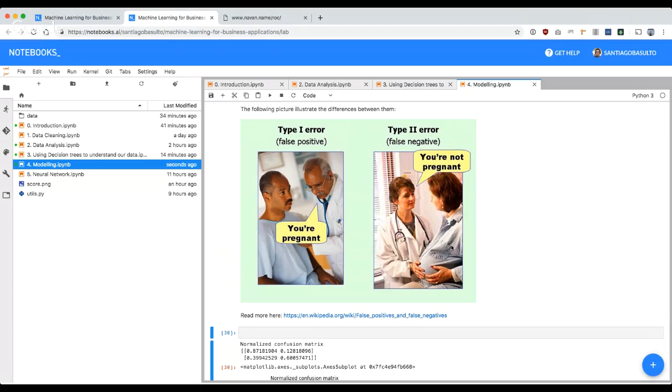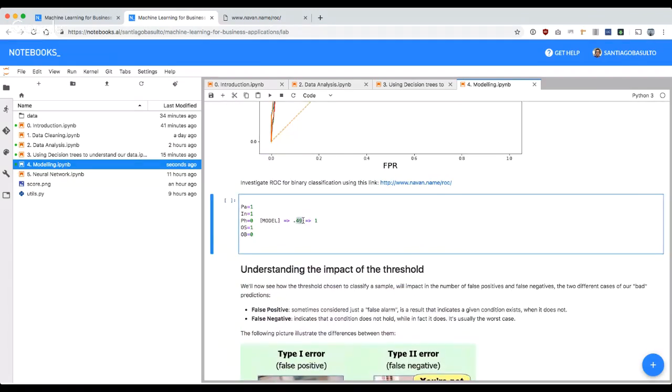So this woman might not do the required studies and prepare for pregnancy, even though she is pregnant, because we had a type 2 error. So this is a very important thing to consider. Can we actually tune this threshold so we can say, actually, let's be cautious? Because if I find that a customer, for example, has a 0.3 probability of leaving, I want to take action on him because it's very expensive for me to get a new customer.